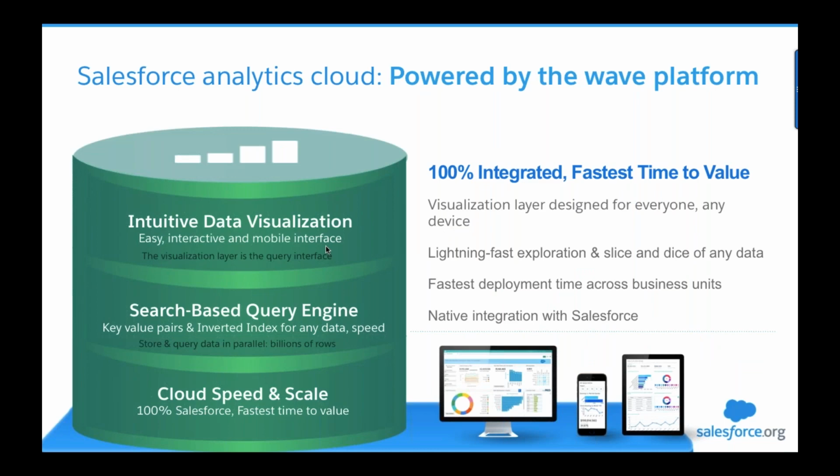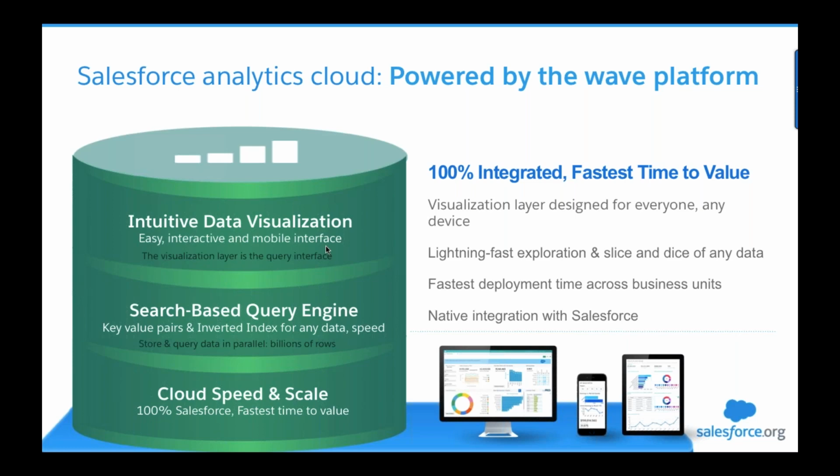If you were to report on that inside Wave, it would all be in a single object, and all of that information would be next to each other like columns on a spreadsheet. All of that is then done with a very intuitive visualization layer on top as well, and with a query engine behind it, which allows you to do really, really quick searches on millions and millions of records.